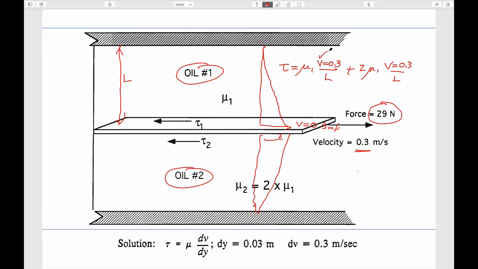You know the velocities, you know the lengths, you don't know the viscosity, but you do know the force that's applied on a unit area, which is a force over an area. If you know this force, if you know this area, then you know everything in this except for the viscosity. And so you can get it.